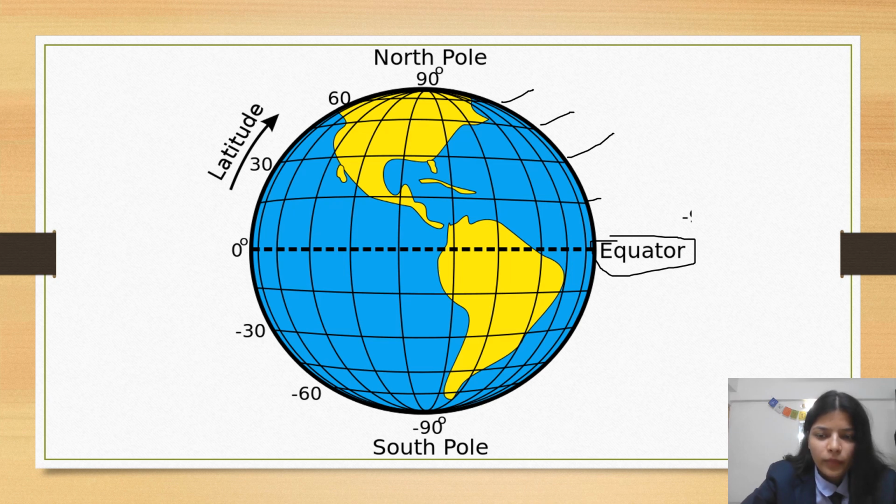So the equator represents 0 degree latitude, and since the distance from the equator to either of the poles is 1/4 of the circle, which is 360 degrees, 1/4 of 360 degrees is, as we know, 90 degrees.